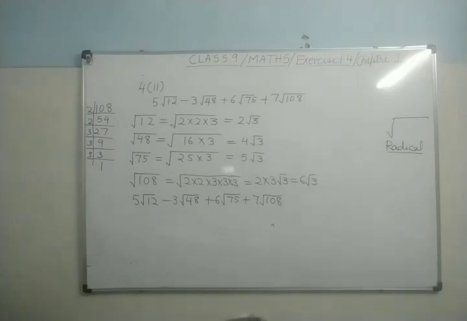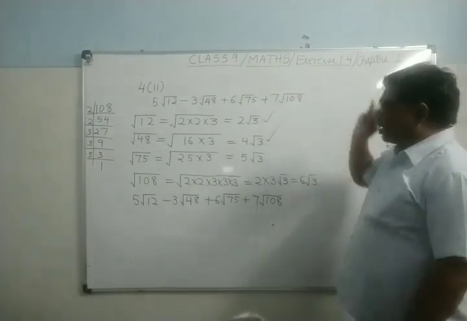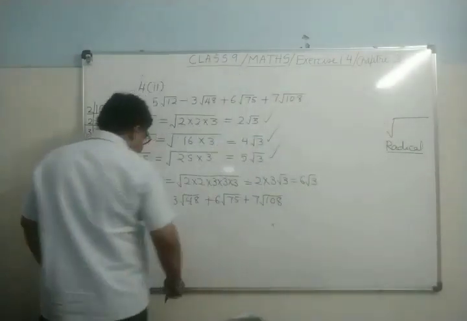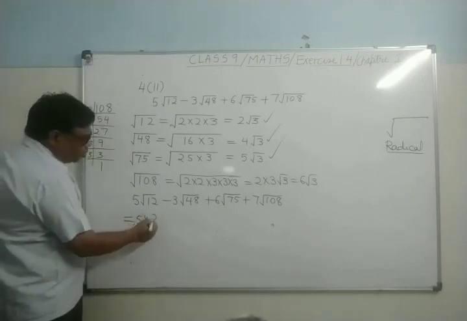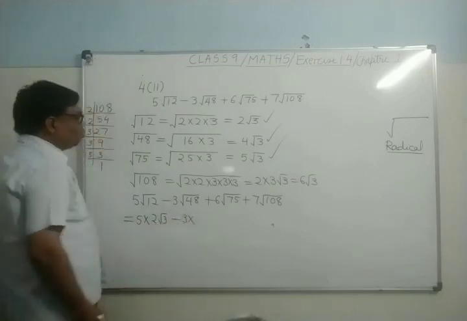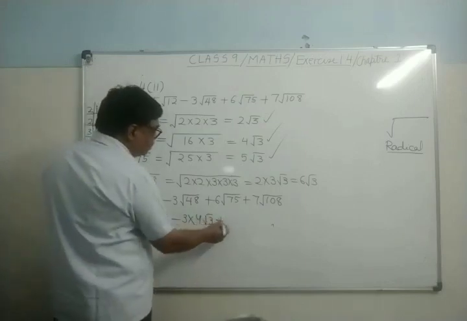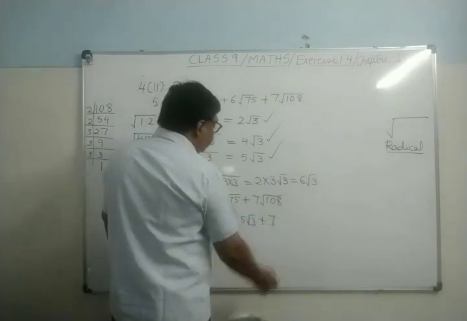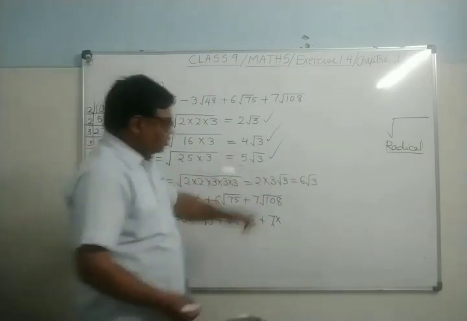In place of root 12 you write 2 root 3, in place of root 48 write this, in place of root 75 write this. So you will substitute here. This will be 5 in place of root 12, 2 root 3. Then minus 3 in place of root 48, 4 root 3. Then 6 into 5 root 3 plus 7 into, in place of root 108, 6 root 3.